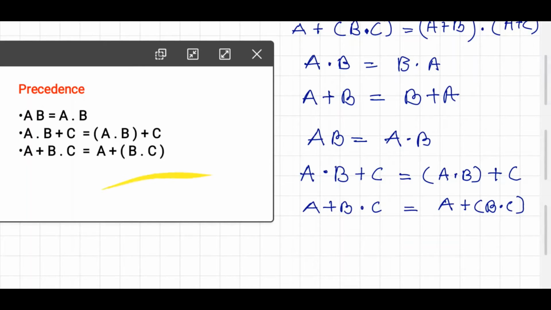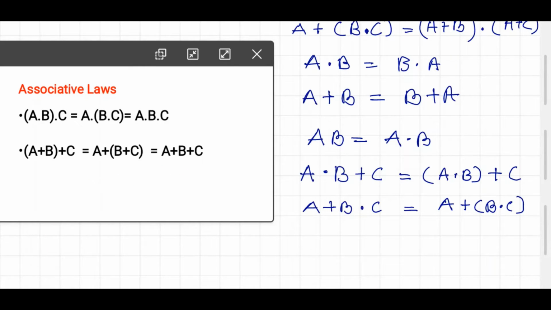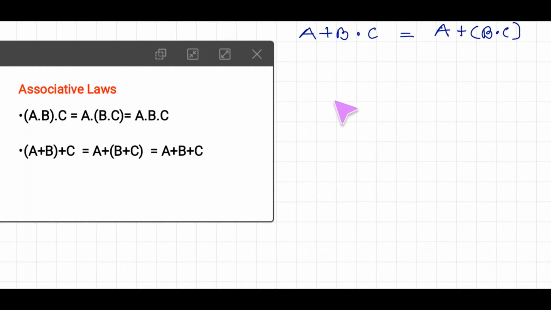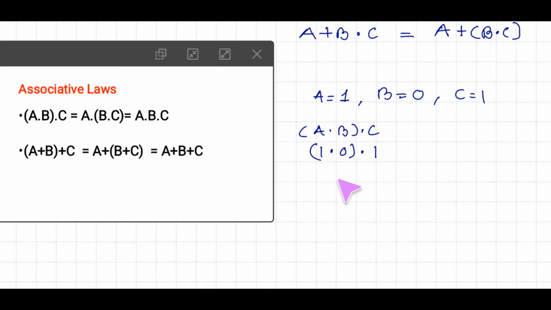Now here we saw associative laws like this. Let us take an example. Suppose A is equal to 1, B is equal to 0 and C is equal to 1. According to this, A dot B dot C gives 1 dot 0 dot 1, so the result is 0 dot 1, which is equal to 0.